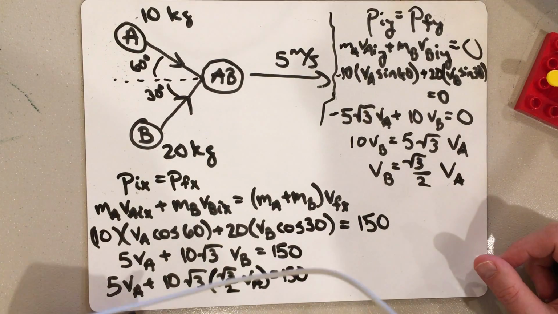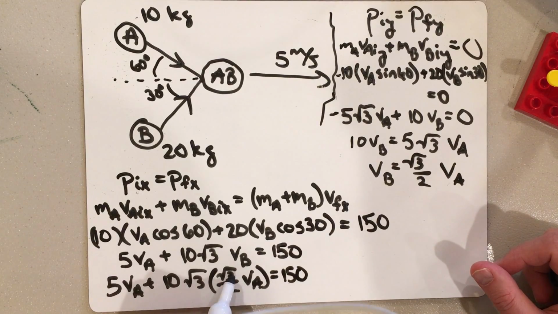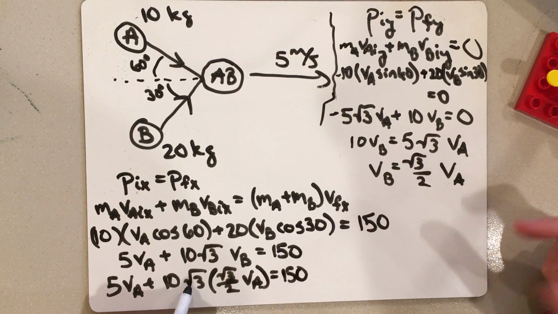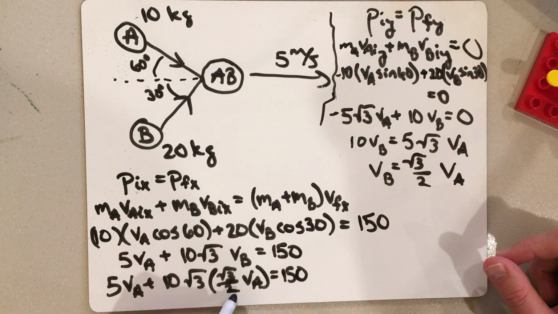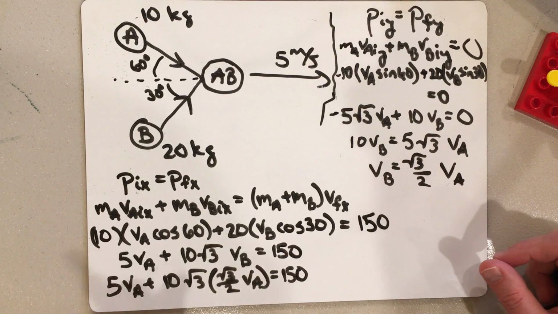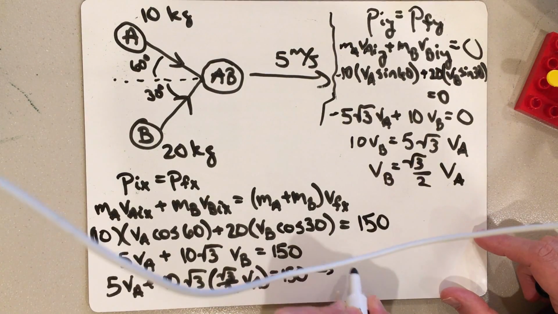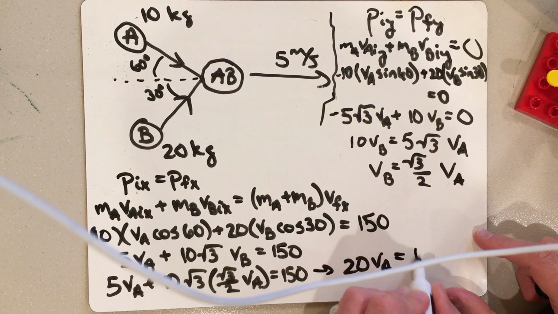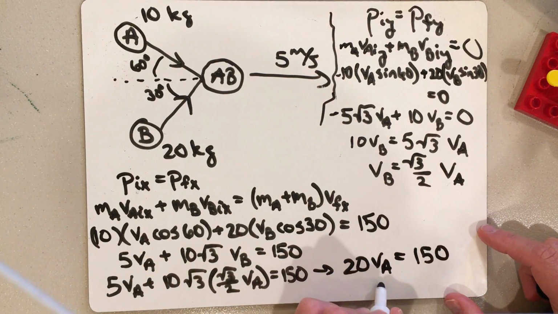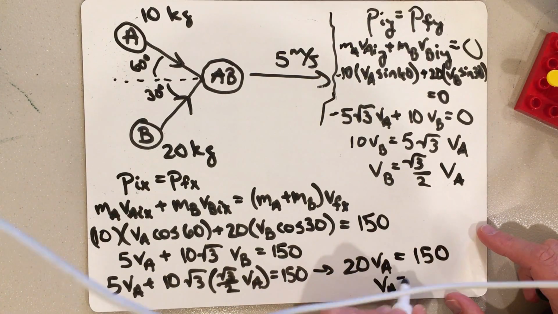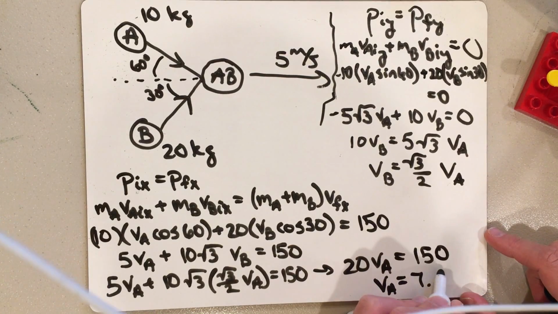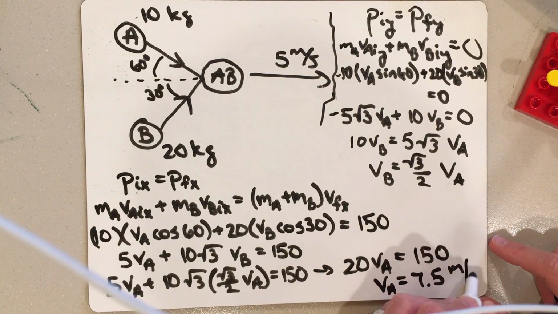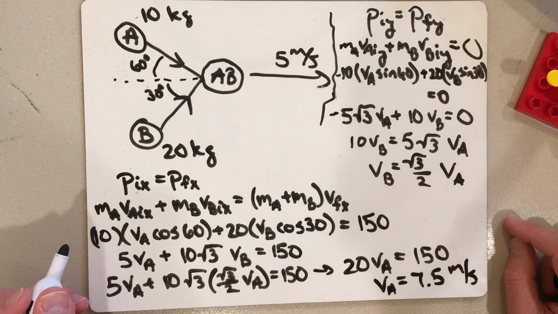Okay. So root 3 times root 3 is just 3. 10 divided by 2 is 5, so it's going to be 5 times 3, that's 15. So this is going to be 15 plus 5, giving me 20 VA equals 150, and VA is 7.5 meters per second.